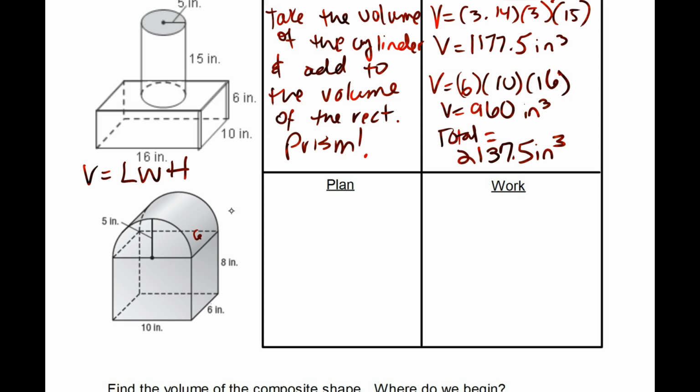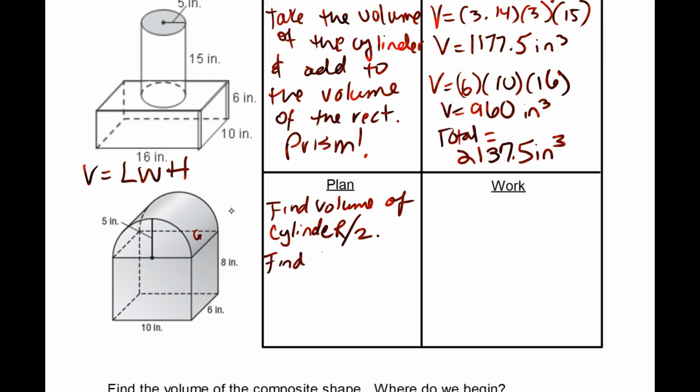So what I'm thinking is, find the volume of the cylinder, and then divide it by 2, right? Because that's going to be the volume of what I see here.